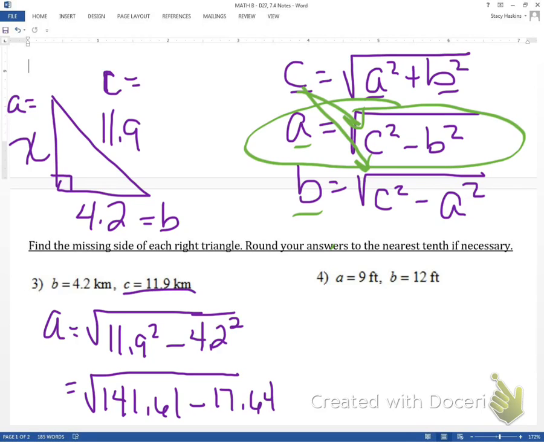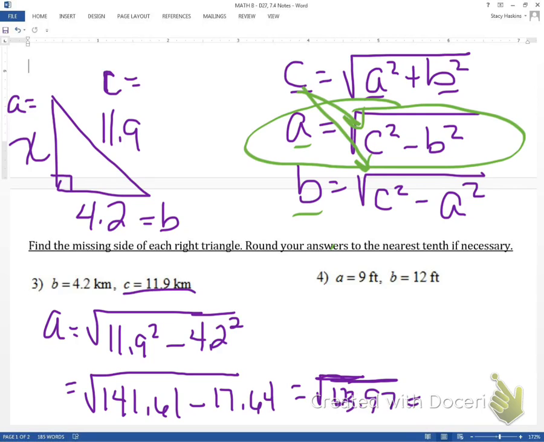You need to subtract those two. So 141.61 minus 17.64. I'm running out of room here. I get the square root of 123.97.